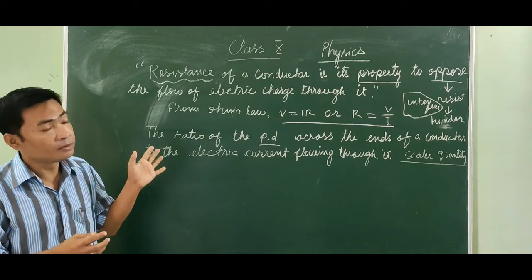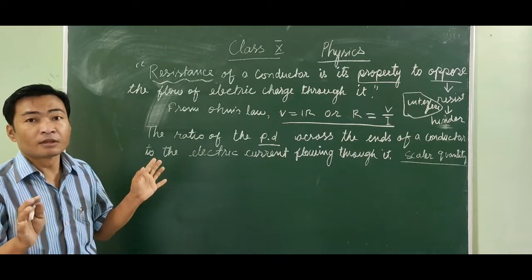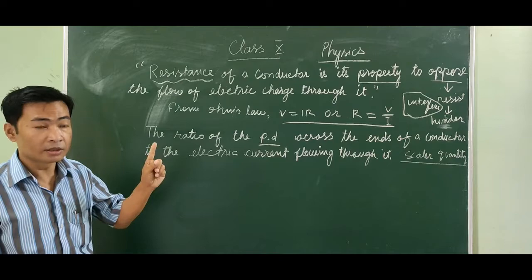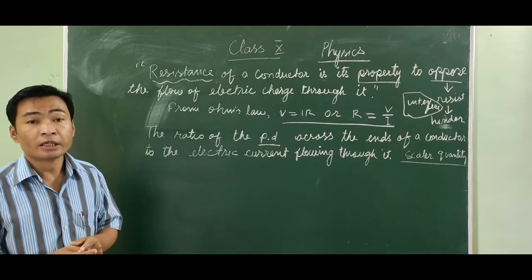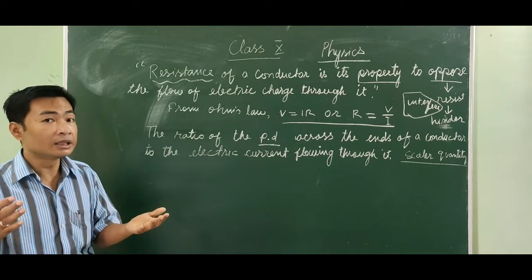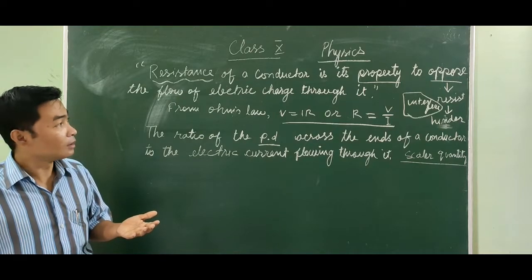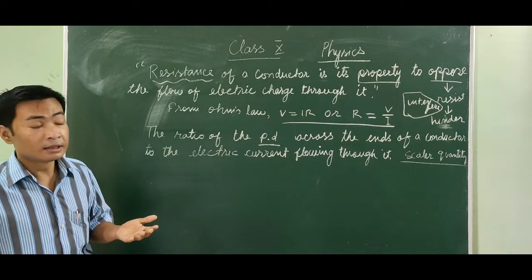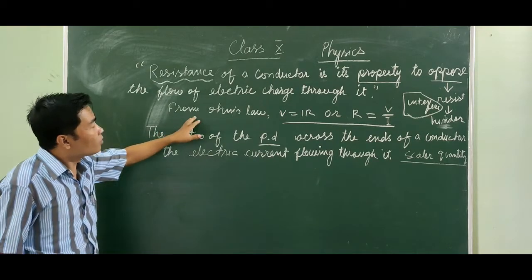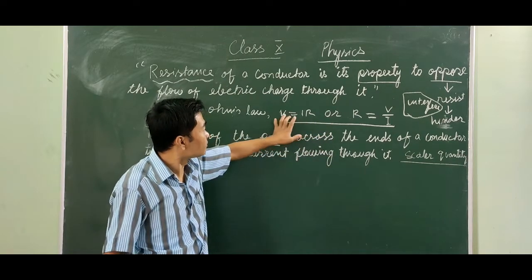So if there is a disturbance in the flow of the electric charge, definitely there will be a disturbance in the flow of the electric current, because we get electric current from the flow of the electric charge. If the electric charge is not flowing freely or is unable to flow easily in a conductor, definitely the flow of the electric current is going to be less, or it will be difficult, right?